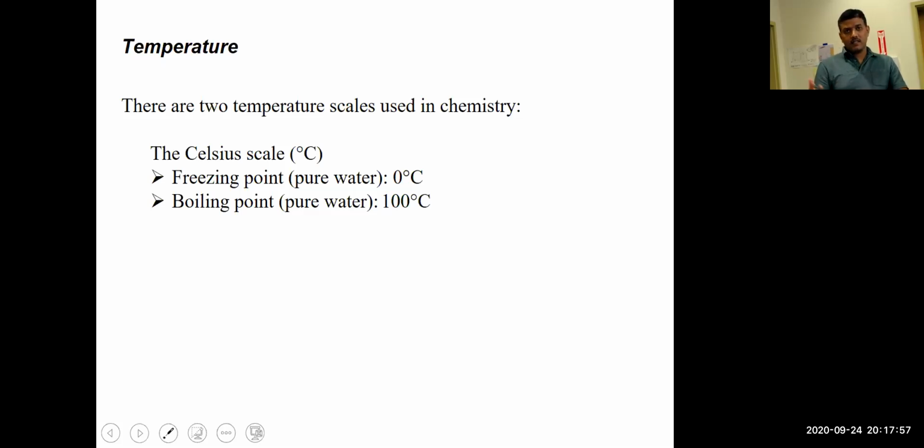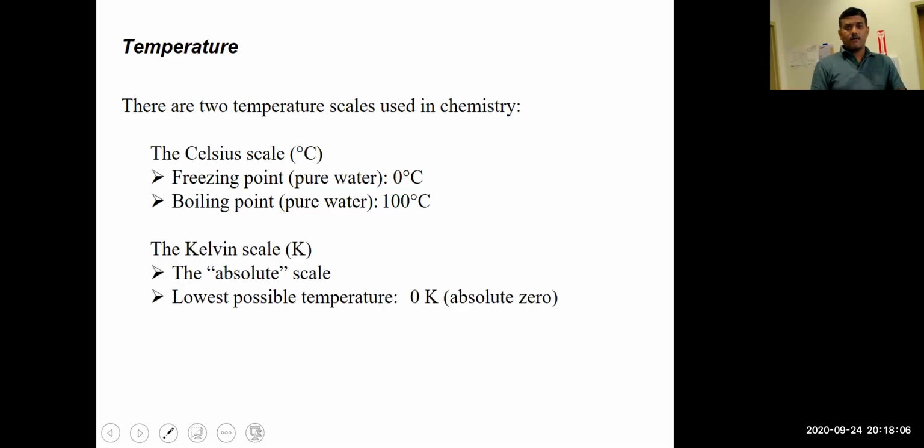For Celsius degrees, if you want some reference, for example, water has 0 degrees Celsius as its freezing point and 100 degrees as its boiling point. However, the most popular and accurate reading to use in scientific measurements is the Kelvin.